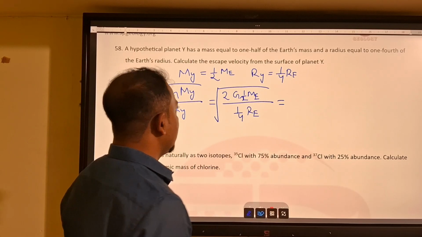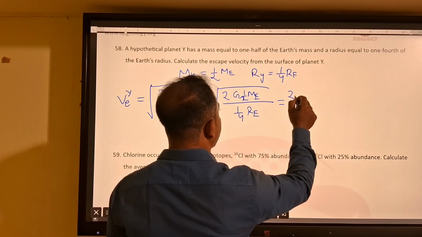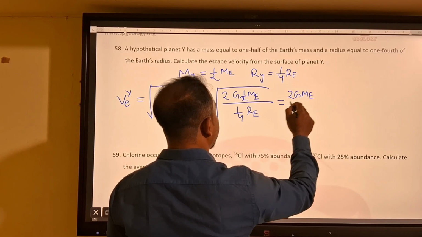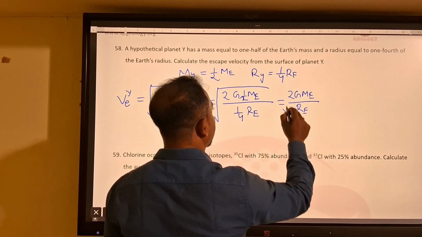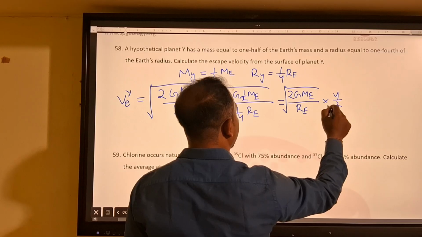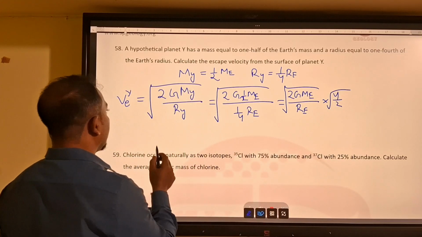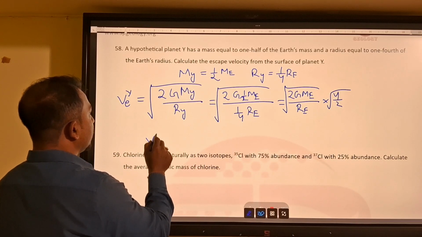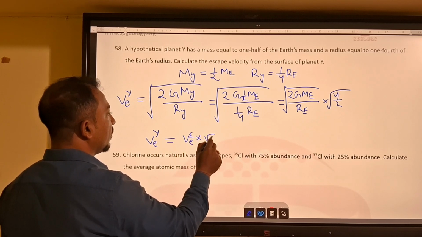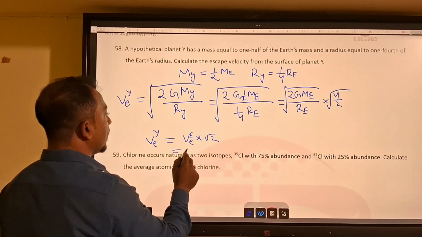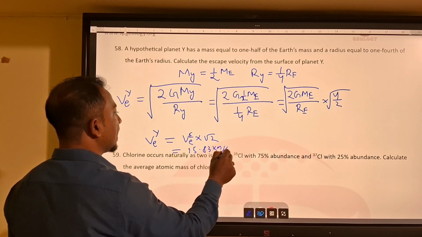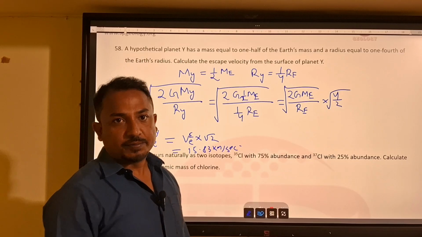So from the same condition, root over 2 g me divided by re into root over 4 by 2. So escape velocity of Y equal to escape velocity of Earth into root 2, which will be the same 15.83 km per second. Understood?